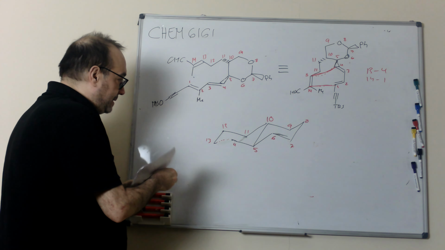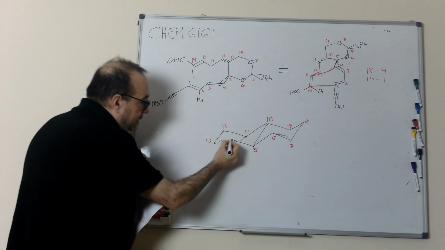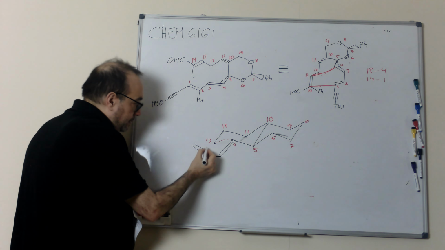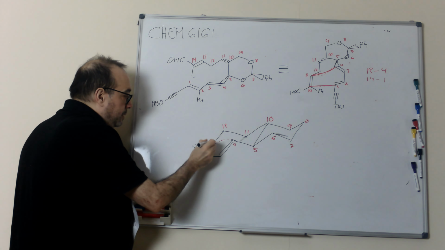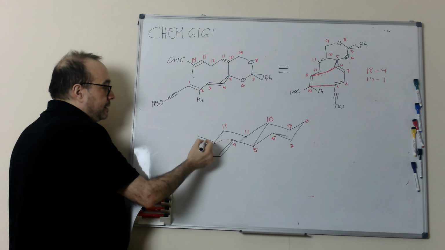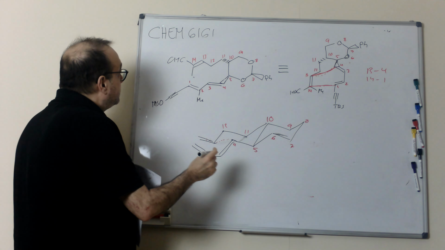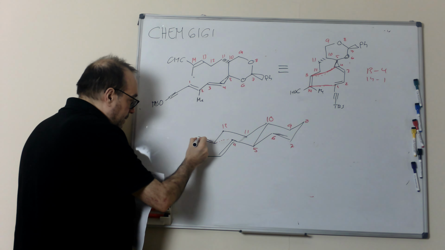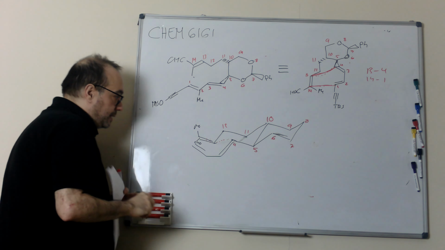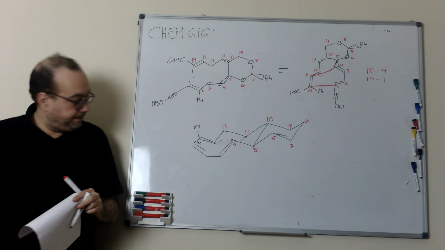Next we put the rest of the substituents. Here we have the A, and here what we have is the alkene with CHO down and methyl. I will try to draw it a little bit better.